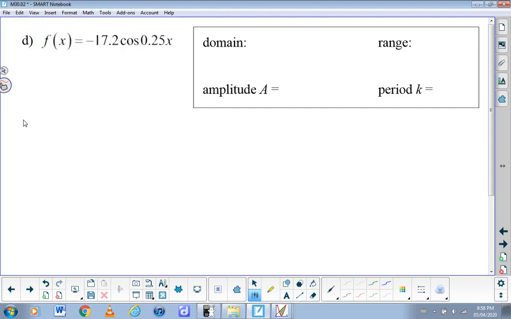And when you unpause it, hopefully what you discover is you got right answers. The domain is any real number. The amplitude is 17.2. The range is negative 17.2, less than or equal to y, less than or equal to 17.2.